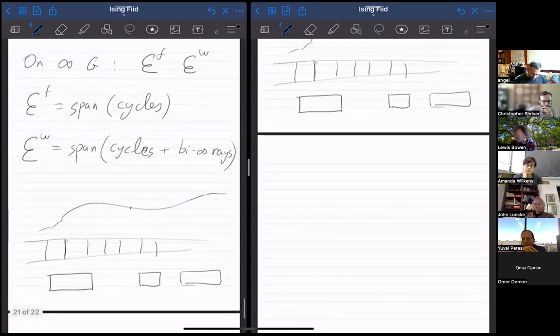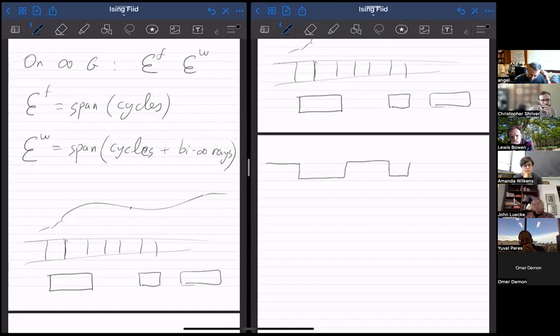If, for example, you take just the top line and add it mod 2 to this configuration, then you'll get a configuration that looks like this. This is also an even subgraph, but you only get this in the wired limit.